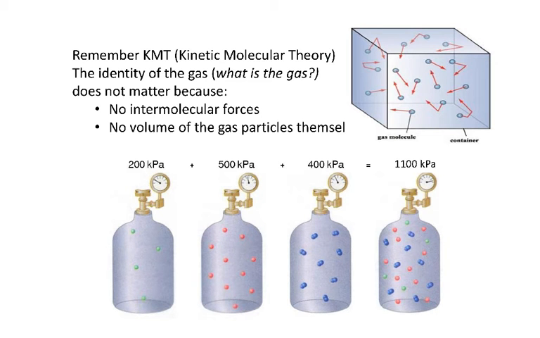Okay, here's just another example. If we have a gas that occupies 200 kilopascals, which all you need to know is that kilopascal is a pressure unit. That's about it. If there's 200 kilopascals of, say, green, 500 kilopascals of red, and 400 kilopascals of blue, at the end, we just add them all up.